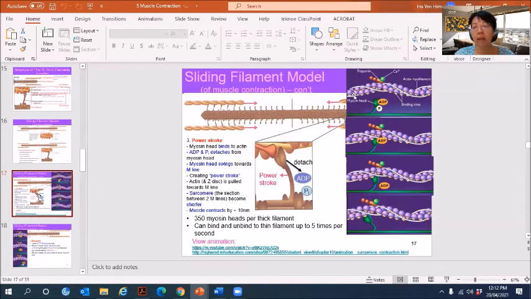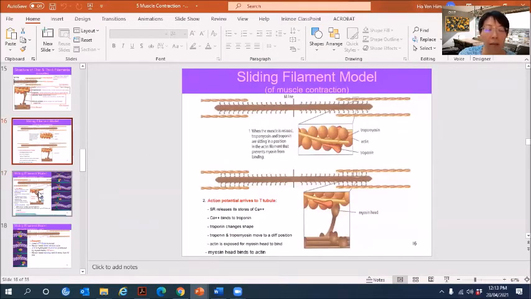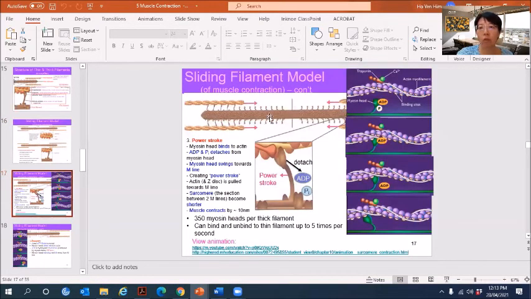Now, once an action potential arrives at the muscles, calcium ions will be released from the sarcoplasmic reticulum, and then they will bind to the tropomyosin. So tropomyosin changes shape, and then troponin and tropomyosin move away.